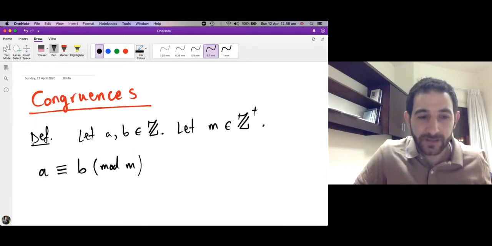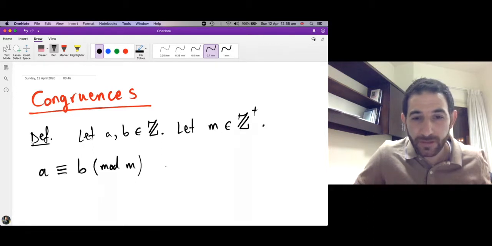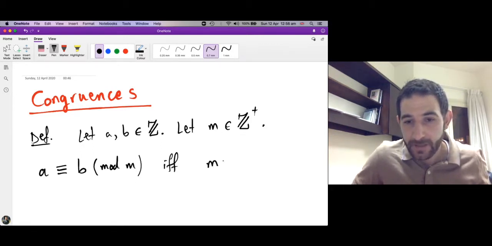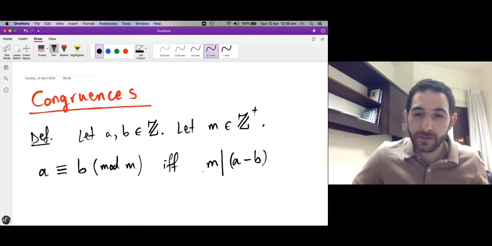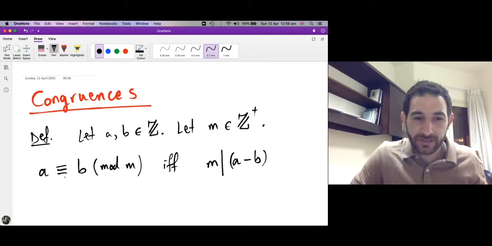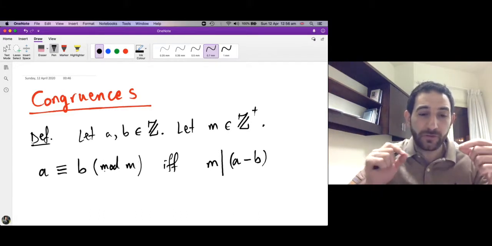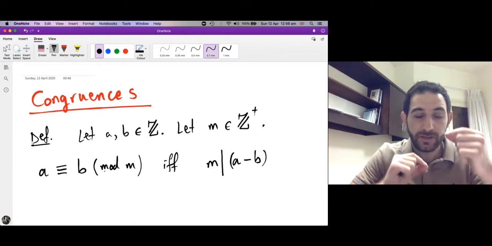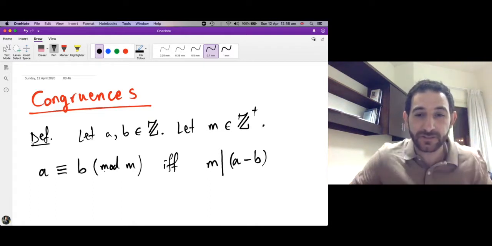We say that a is congruent to b modulo m if and only if, this is a definition, m divides the difference between a and b. So this is a relation which says that two integers a and b are related through this relation. We say a is congruent to b modulo m if, when you look at the difference between a and b, the difference is divisible by m.